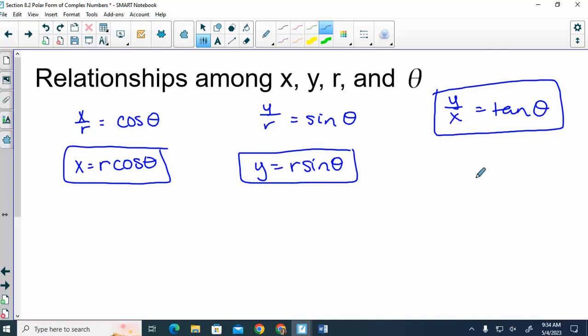The other thing we've encountered is finding the magnitude, which is just like that horizontal distance, and in this case r is the square root of x squared plus y squared. So those are all the things that we've used this semester. We now have to learn how to relate them.